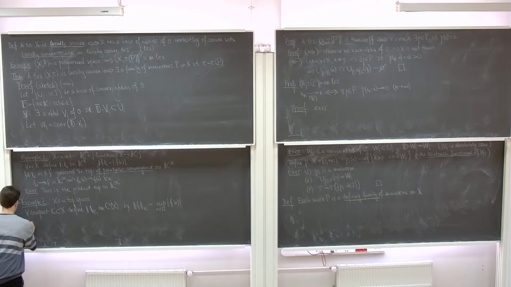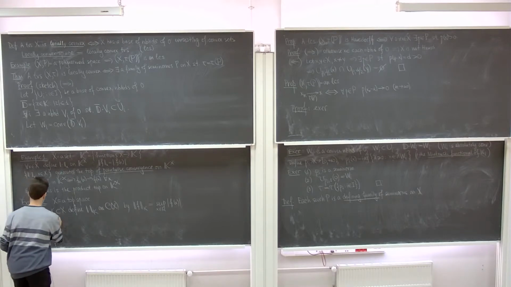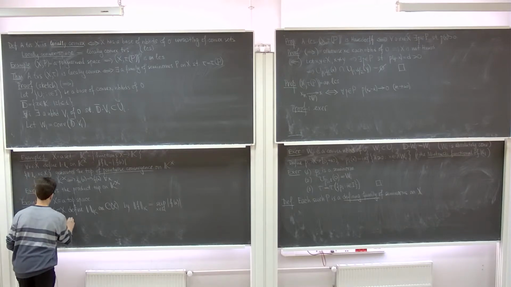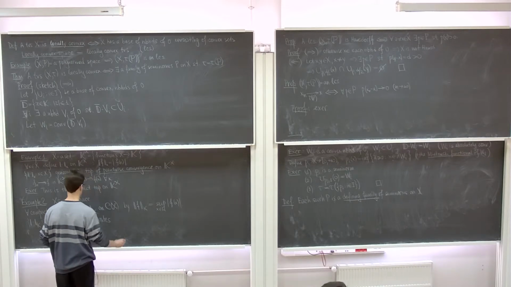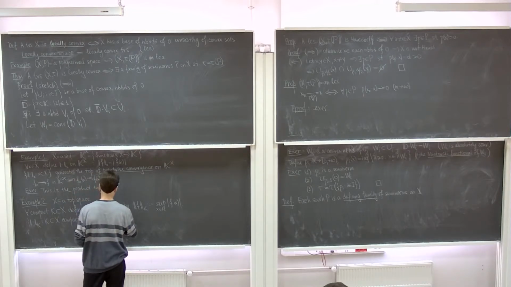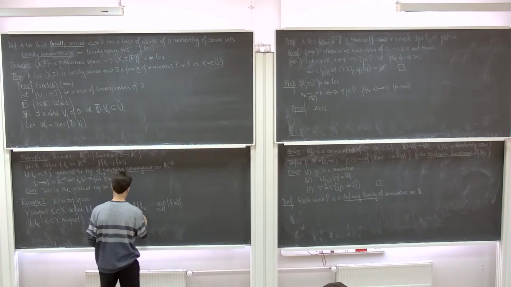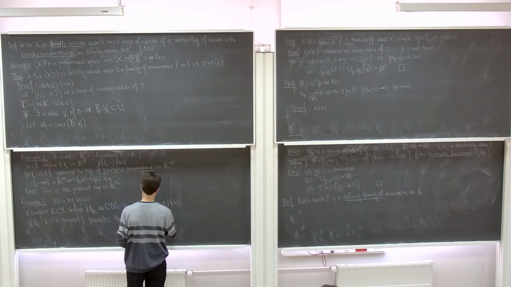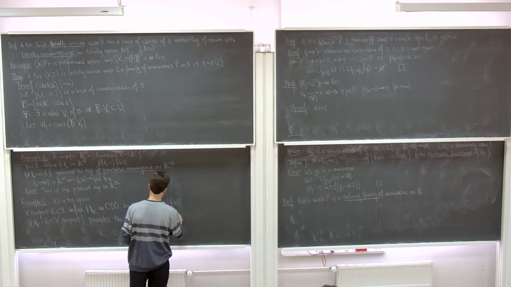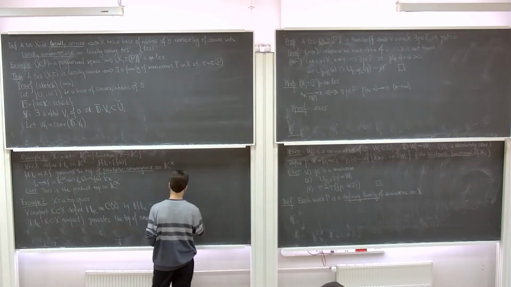So we get a family of seminorms on C(X) indexed by compact subsets of X. And this family generates the so-called topology of compact convergence on C(X).